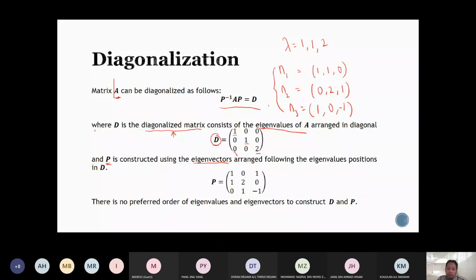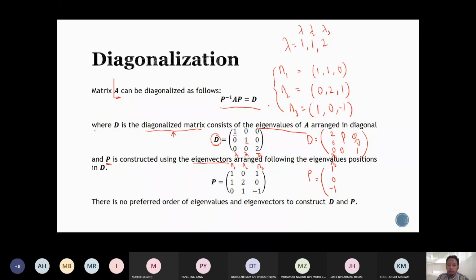So let's say if you use this lambda 1, then the first column of P must be n1. And then lambda 2 goes with n2, lambda 3 with n3. So you can interchange the location. Let's say if you define D as 2, 1, 1, for example, then P becomes 1, 0, minus 1, which is n3, because this is lambda 3.